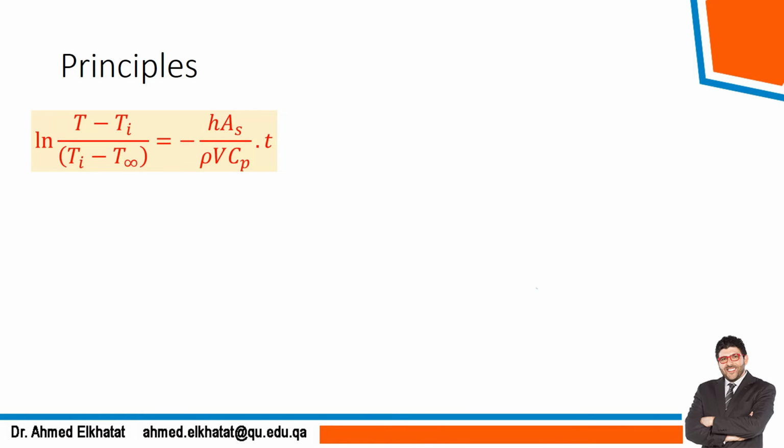Now we said (T minus Ti) over (Ti minus T infinity) equals minus h times As over rho V cp times t. As we said before, V over As is the characteristic length, if you remember. So this equation will be minus h over Lc rho cp times t.